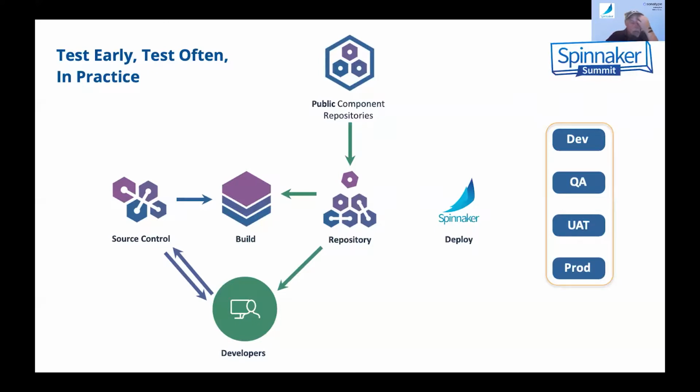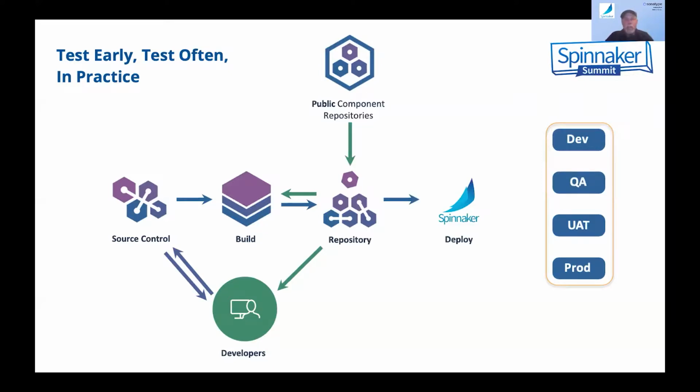The build server will also pull from our localized repository to access those open source components that are part of the application. That way it doesn't have to go to the outside world and helps to expedite the build process. Then the build will be pushed back into the repository. We can store such things as binaries within the localized repository to have those on hand and also be able to expedite complex builds.